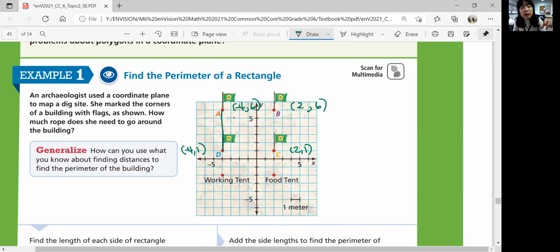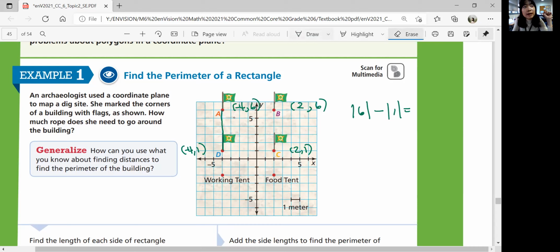And now figure out the distances. A and D would be on the same quadrant. So they have the same x values. Their vertical distance would be the distance between them, right? So you add the absolute values of their y values. So 6, wait, you subtract because they're on the same quadrant.